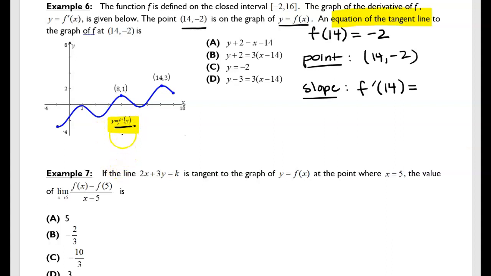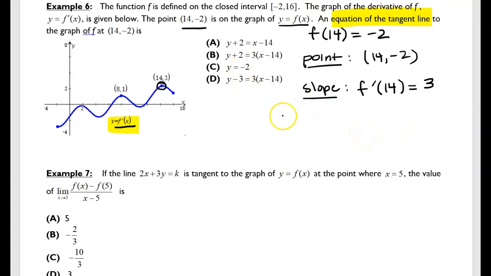And so what that means is I'm just going to find the y value at 14 because this is already the graph of the derivative. If it were asking me for the derivative of this graph, then I would think about slope. So I'm looking at this coordinate here, (14, 3). So that means my slope is 3. So the y value of f prime.